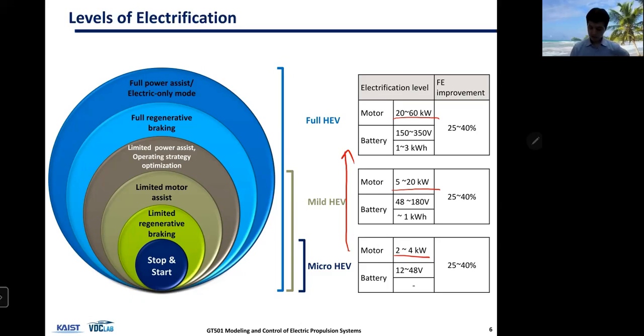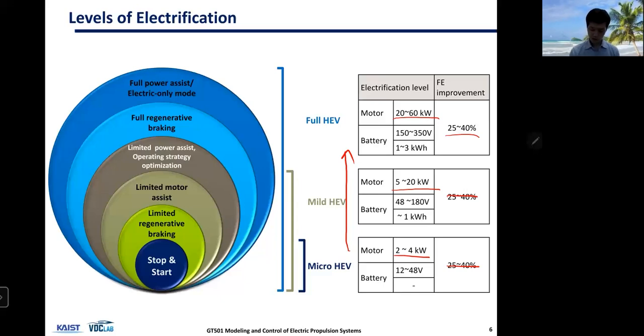And the fuel economy benefit of going from micro to full hybrid is that, oh, sorry about this. This number is wrong, okay? So for fuel economy, we are looking at about 25 to 40 percent or even higher for some cases.